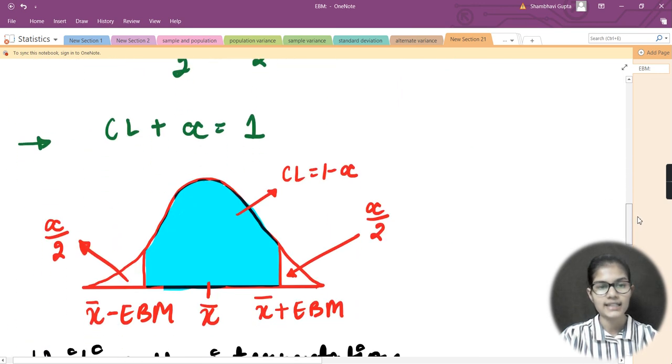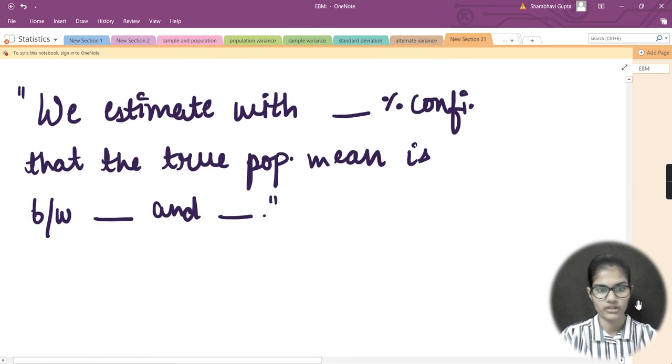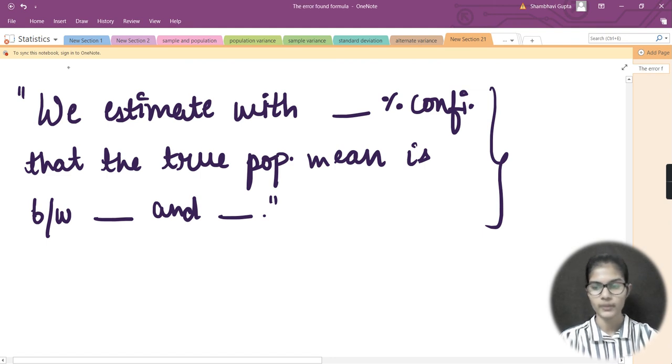And at last, we saw how to write the proper interpretation, and I gave you a proper format also. I hope you got the idea of how to find the EBM, how to find the confidence interval, how to plot the graph, and how to write the interpretation, right?